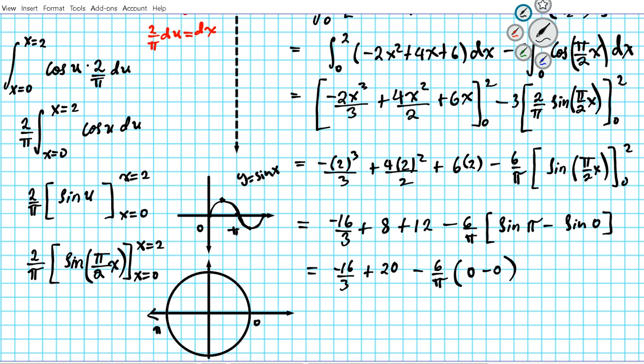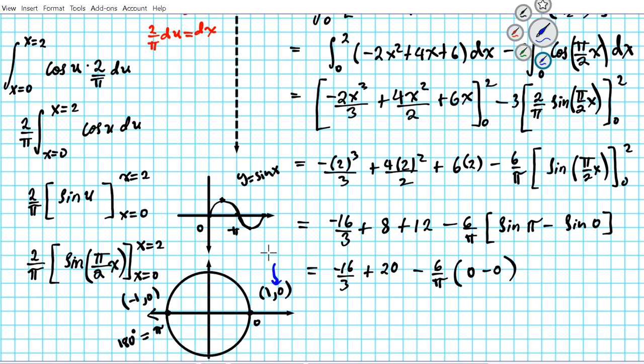Pi is equivalent to 180 degrees. So this coordinate right here on the unit circle is 1, 0, and this coordinate right here is negative 1, 0. Remember y is sine, so the y coordinates for both of them are 0. You can see that sine of pi and sine of 0 are both 0.